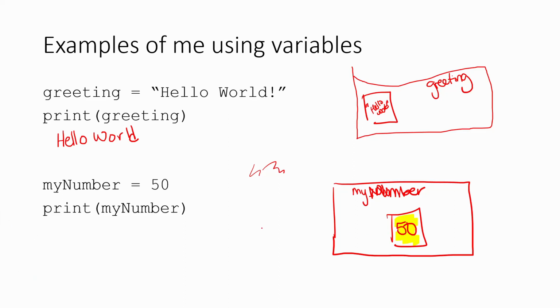And again, I print my number. Now notice, it's not going to print the words my number because that's not in quotation marks. It is referring to the variable my number. It's asking, print, what is the value of my number? Well, I'm going to go over here. My number has a value of 50, so I would print the value of 50.